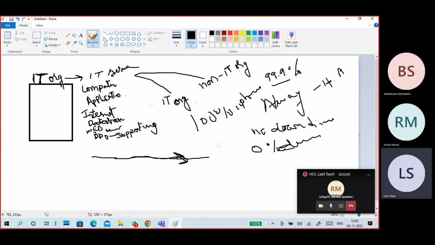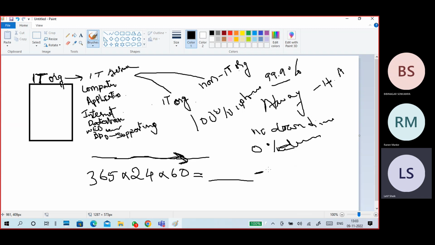So how many minutes is that? 365 days into 24 hours per day, each hour 60 minutes. So in total we get the number of minutes per year. Out of that number of minutes, minus the number of minutes down, if you calculate, then you'll get the downtime.